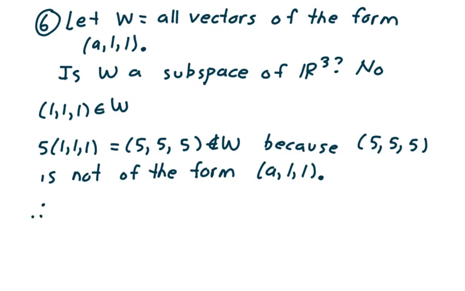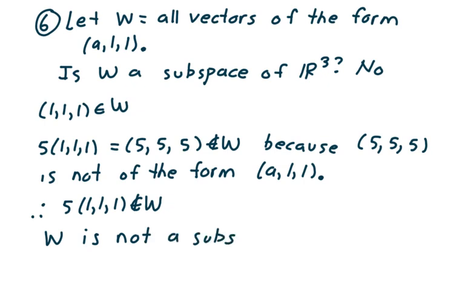Therefore, 5 times (1, 1, 1) doesn't belong to W. And so W is not a subspace of R3. That's a good problem, right? Because notice W is not closed under scalar multiplication. So that's okay.